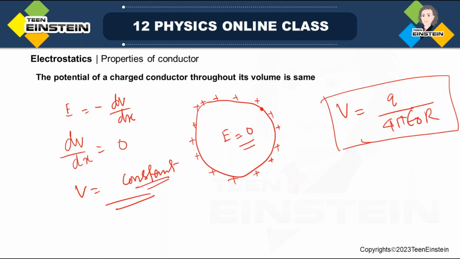So everywhere the electric field is zero as well as the potential is constant. If this is constant, this is called an equipotential surface.